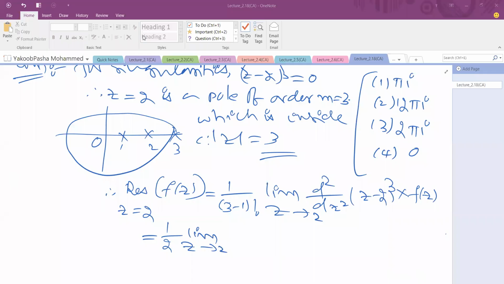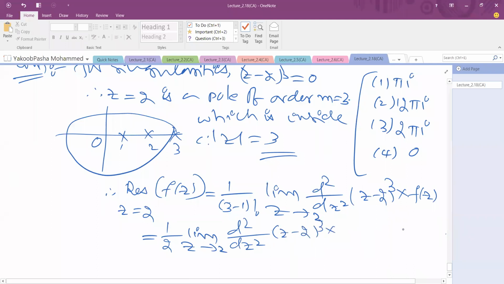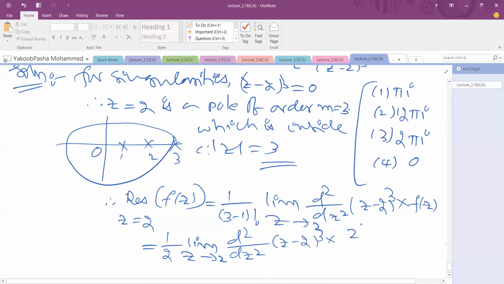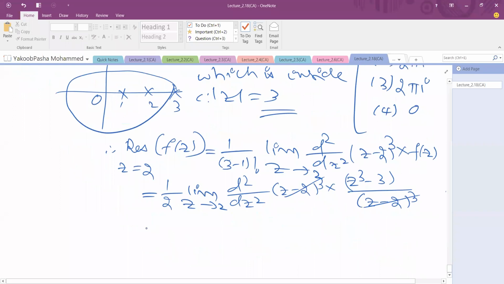So here d square by dz square of z minus 2 whole cube into f of z value. That is z cube minus 3 divided by z minus 2 whole cube. Here z minus 2 whole cube will be cancelled. Now differentiate 2 times here.